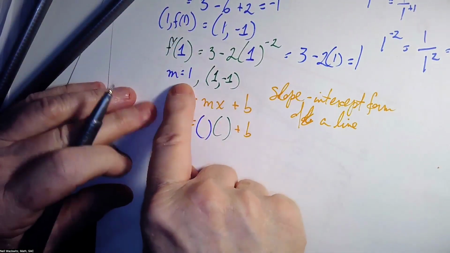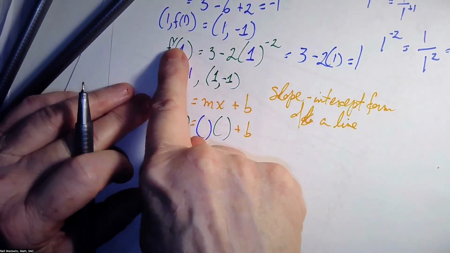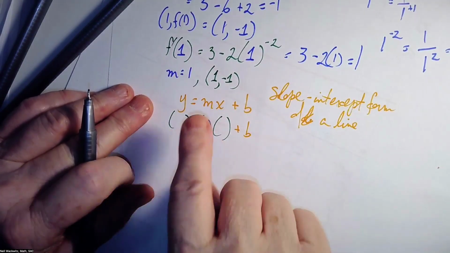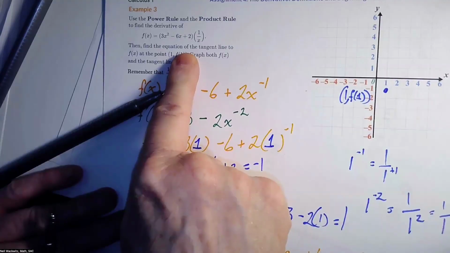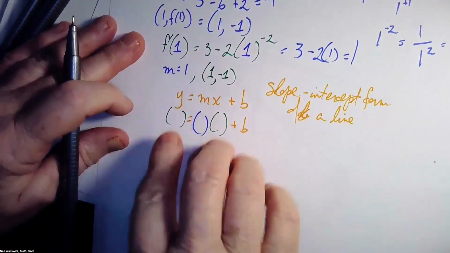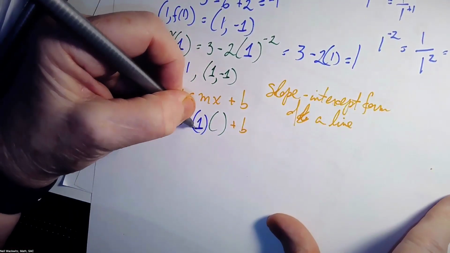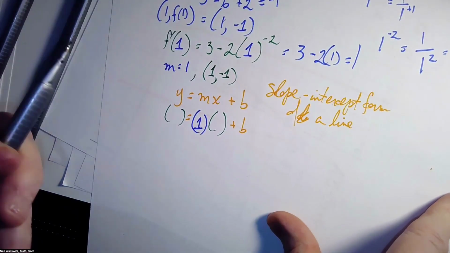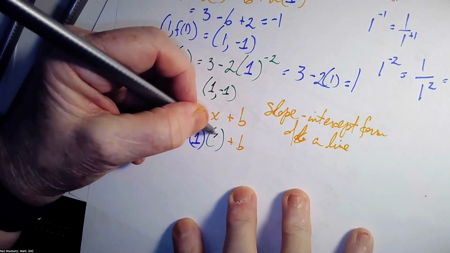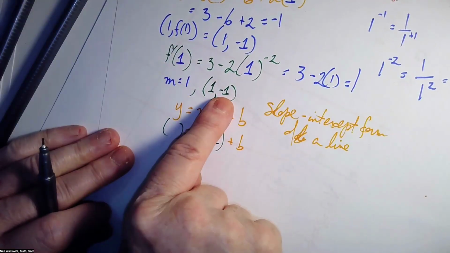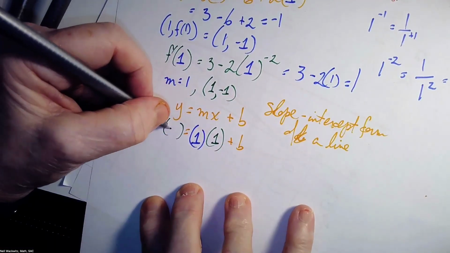We said that m was 1 because f prime of the number we were given, our c in this case, was 1. And f prime of 1 was 1. I know, loads of 1s floating around. X is also 1. y is -1.